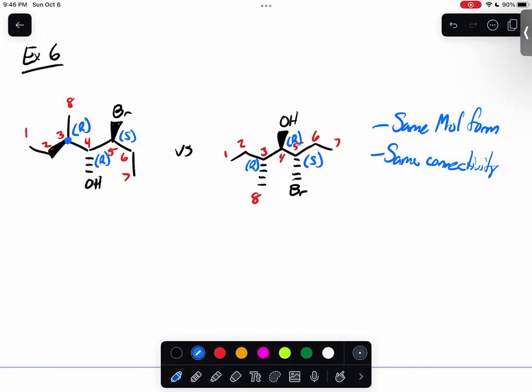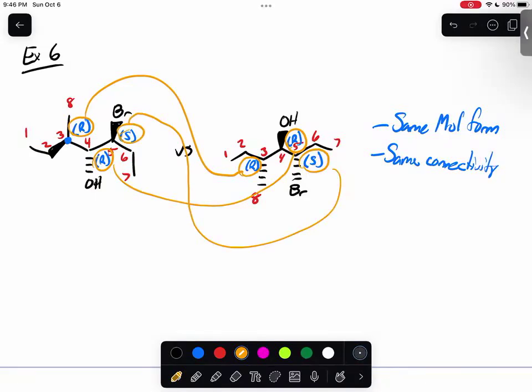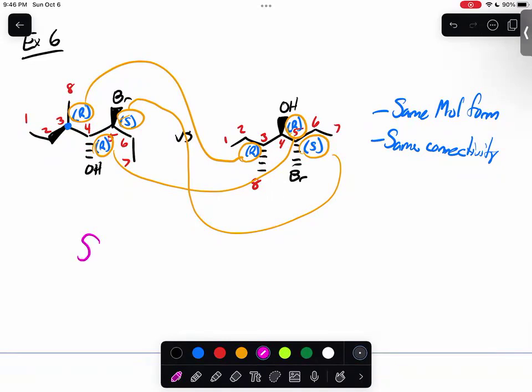So in both of these cases, these two are the same, right? The ones with the alcohol are also the same, and the ones where the bromine is are the same. So these are actually the same molecule. And this is much, much easier than doing all of those rotations, right?